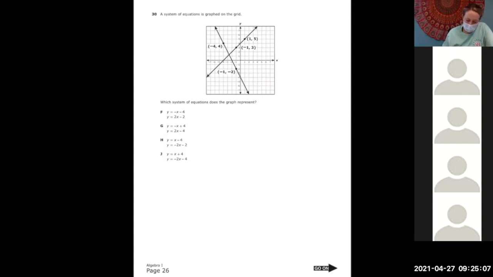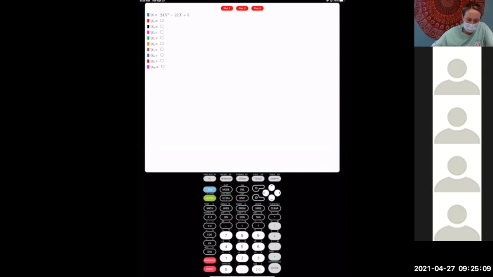So again, we go to y equals. Pull up this problem on my computer. Our first options are negative x. Remember, you don't put in the y equals part because we are in the y equals part of the calculator. So negative x minus 4 and 2x minus 2.